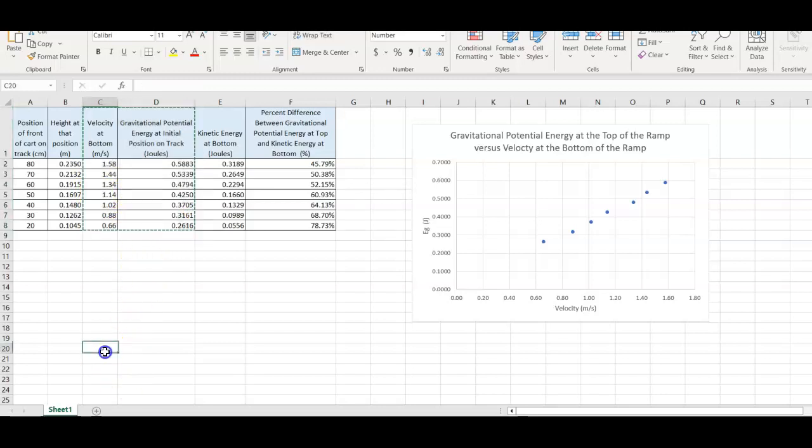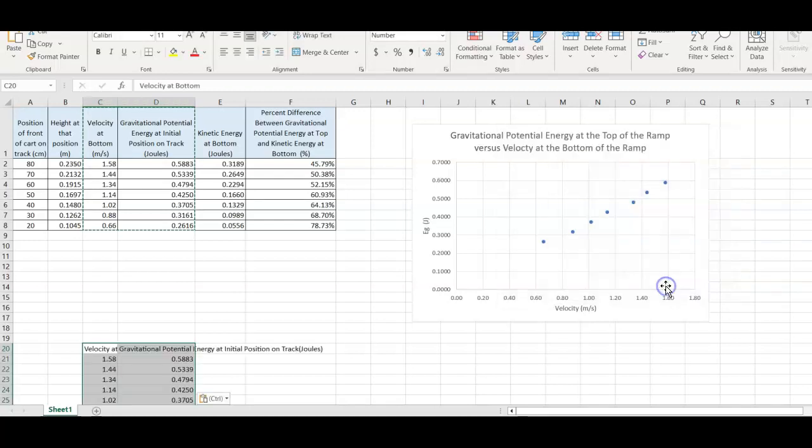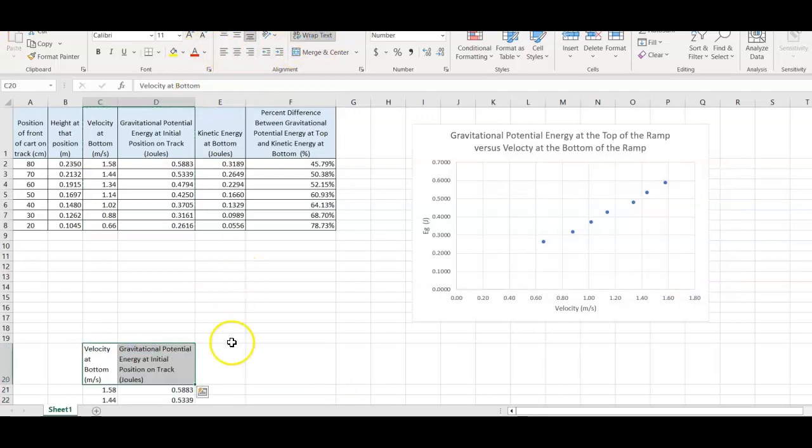So I don't want to just do a simple Control V. Go to the drop down under paste and say paste special, and click here to just paste the values, okay? That will be important because we want to keep those numbers for the gravitational potential energy.